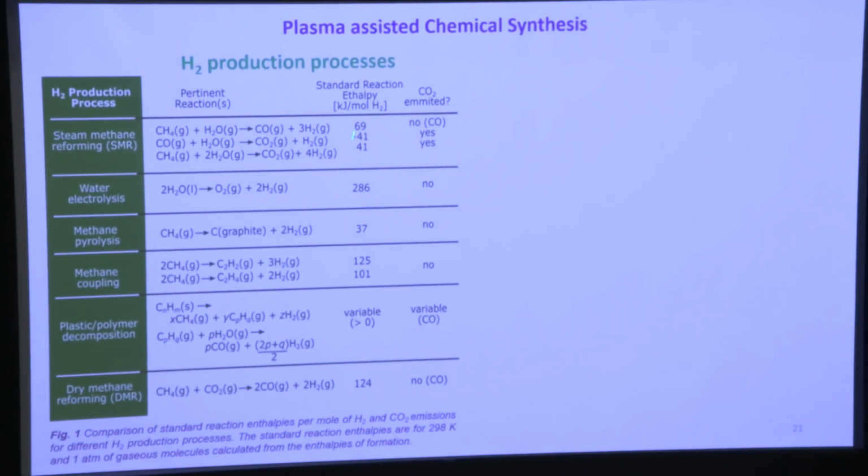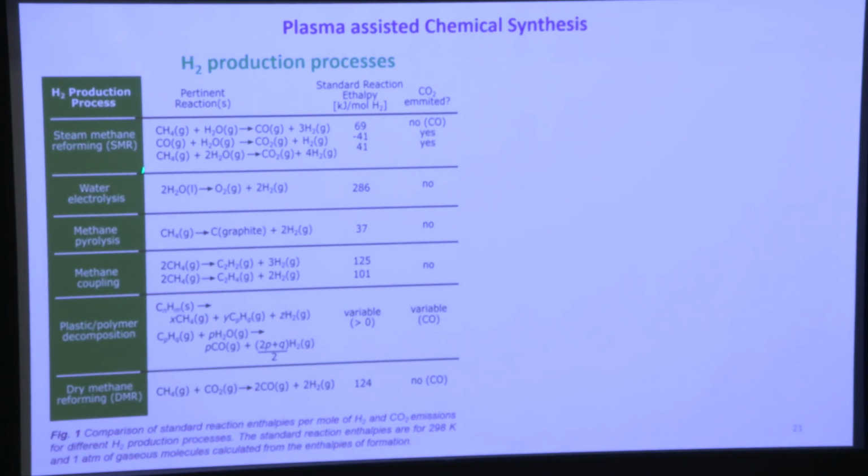This is the industry process. Probably more than 90% of hydrogen today in the United States is produced by this process. But unfortunately, this process produces CO2 as well. Therefore, we need to find an alternative to replace this CO2-emitting hydrogen production process from steam reforming.